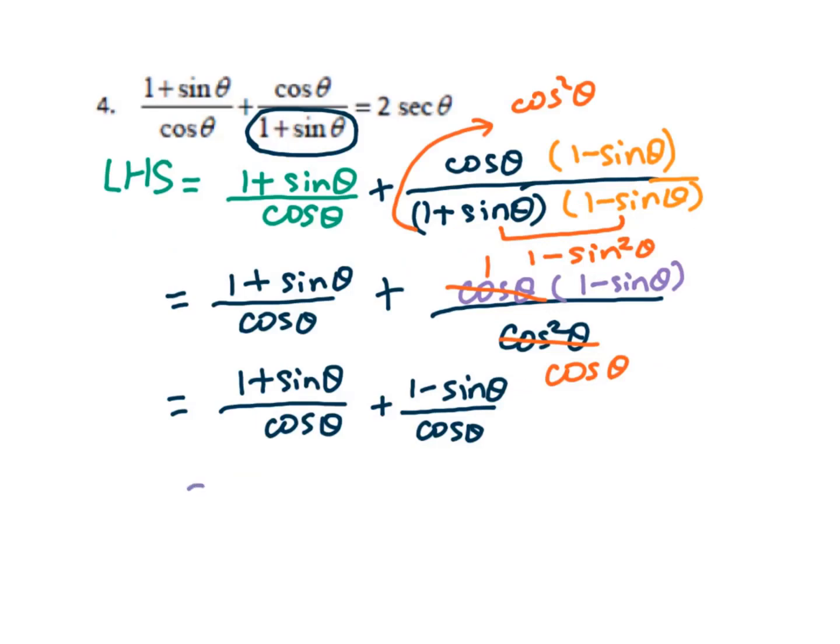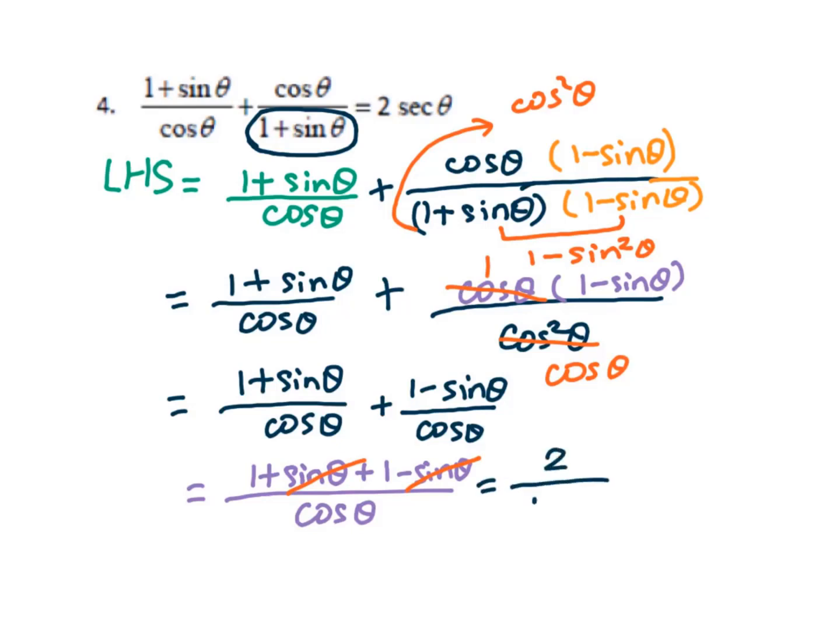Since we have the same denominator, I can put this together. 1 plus sine theta plus 1 minus sine theta. Positive sine theta and negative sine theta cancel out. We got 2 over cosine theta. That is 2 secant theta, equals right hand side. So we finish proving.